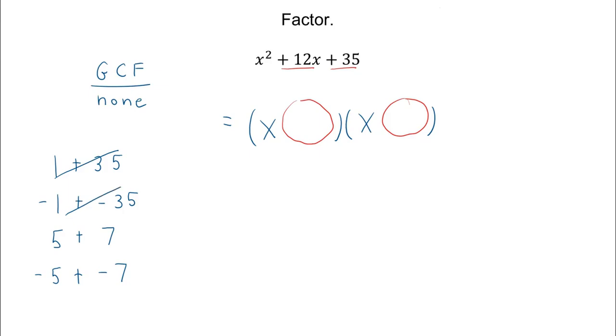That's not going to work. 5 plus 7? 5 plus 7 is 12. 5 times 7 gives me 35, and 5 plus 7 gives me 12. So the numbers that I'm going to fill in for my second terms are going to be a positive 5 and a positive 7. And that is the correct factorization of x squared plus 12x plus 35.